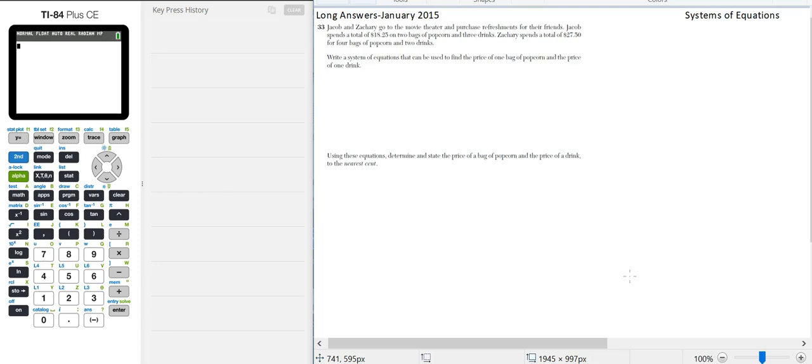Let's start with the first part of the question. We need to write a system of equations to find the price of a bag of popcorn and the price of a drink. So we're going to let P equal the price of 1 bag of popcorn, and we're going to let D be the price of 1 drink. So what do we know?